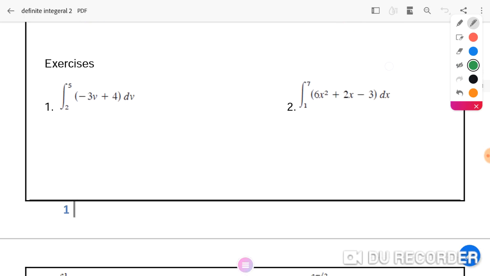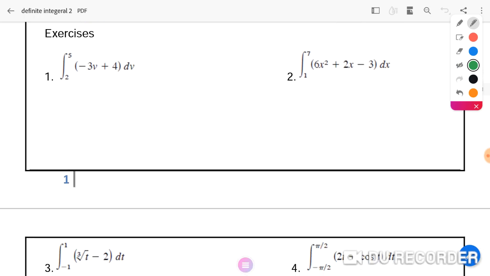Let's continue the answer of this sheet. Okay. Here, this problem. What is the antiderivative of the integration of this function by applying the rule of integration? Here I will apply what? The power rule and the constant which multiplies any function. What is the integration here?